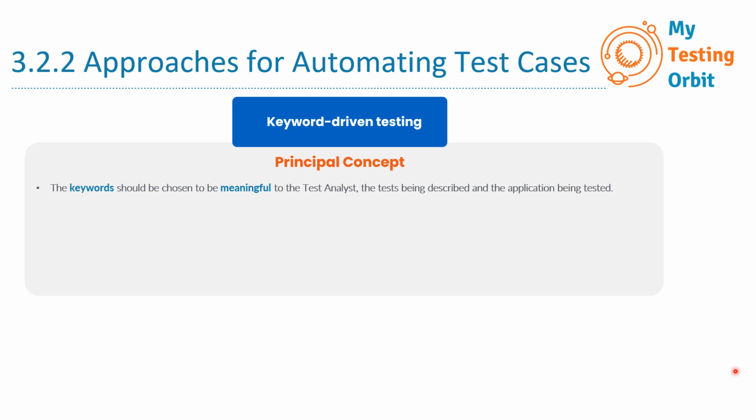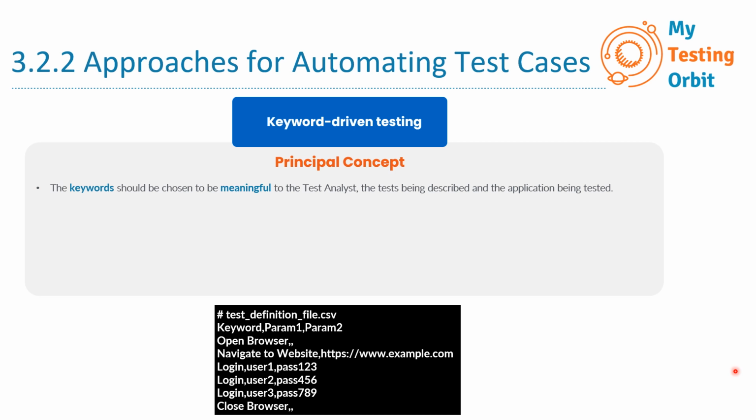Okay, so if we again have a look at this test definition file, over here, open browser, navigate to website, and login and close browser, they all are keywords which are chosen to represent specific actions to be performed during the test. These keywords are chosen to be meaningful and describe high-level interactions with the system under test. For example, open browser signifies the action of starting a web browser.